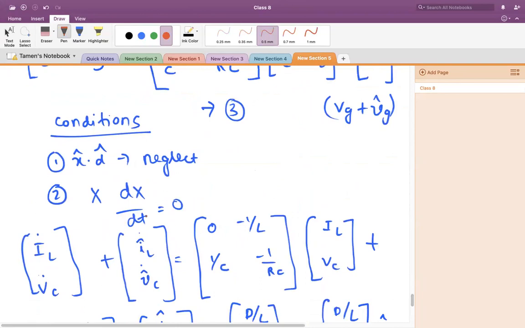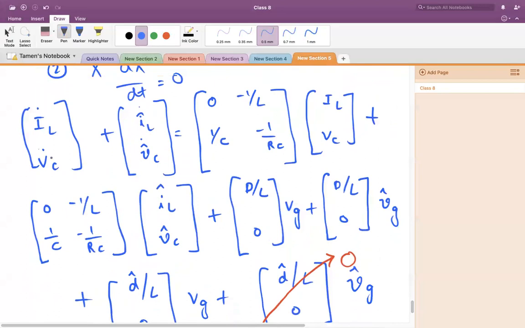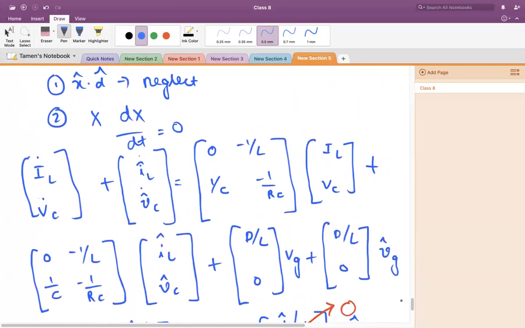Next, what is the condition? The derivative of the steady state part will be 0. So what is the steady state part? The steady state parts are this, this, all steady state. This is not steady state because the small signal part is there. Only these are the steady state parts. Those will be 0.